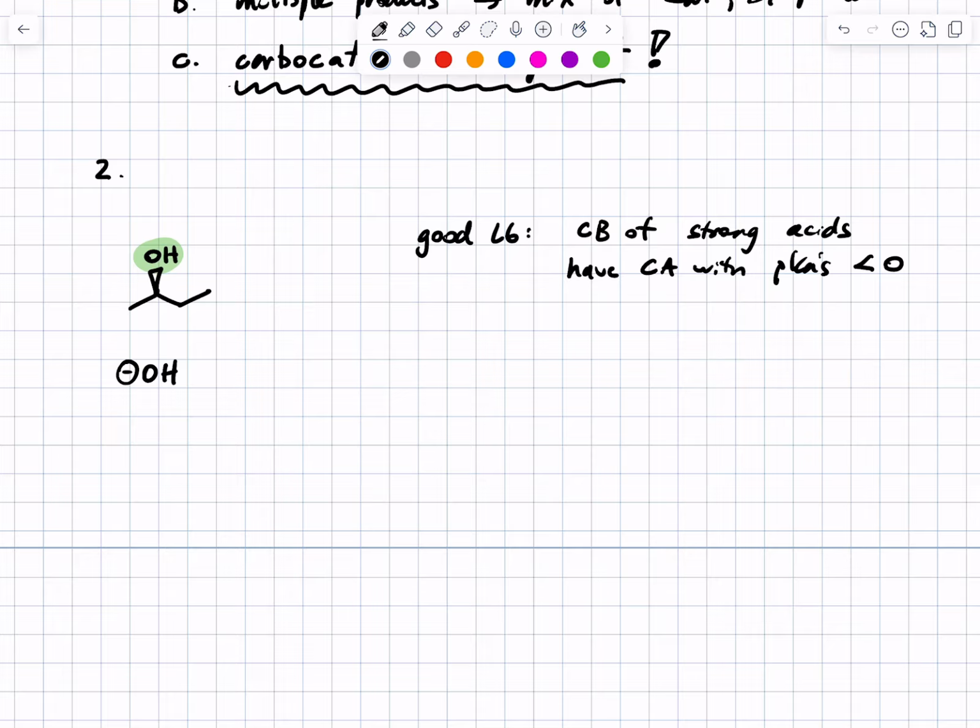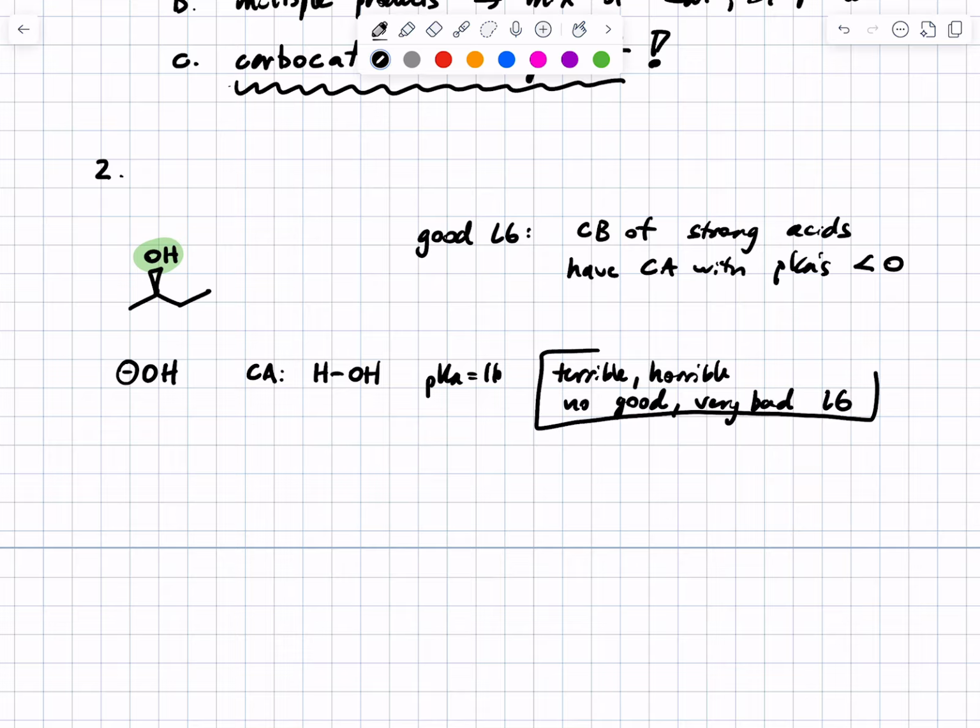So that's OH minus. Then you draw its conjugate acid, H2O, and the pKa of that is 16. So that is a terrible, horrible, no good, very bad leaving group. And that is something that's actually useful to remember.